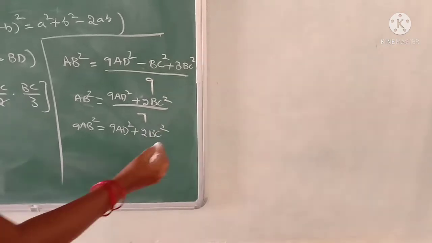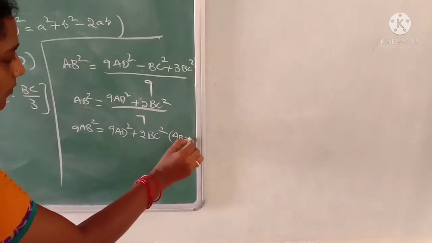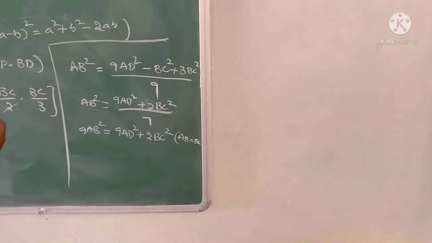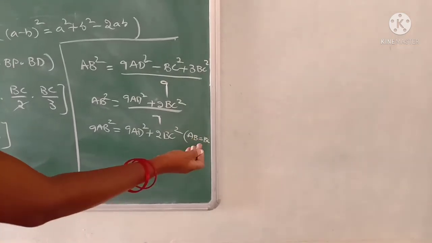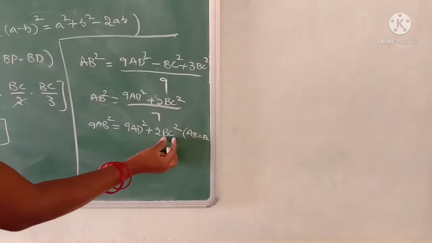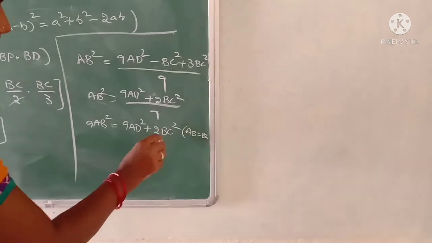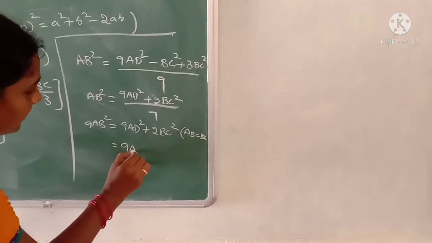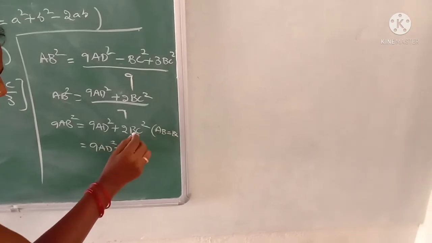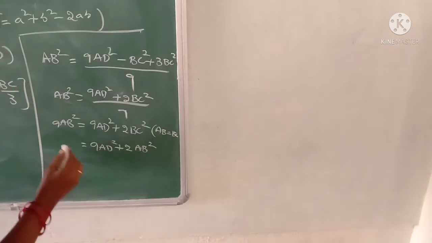We know AB equal to BC because this is an equilateral triangle. So AB equal to BC equal to CA. So write 9 AB square equal to 9 AD square plus 2 AB square.